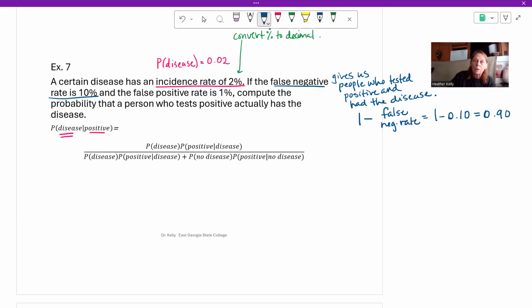So the probability, false negative, is the people who tested positive and had the disease. So this is people who tested positive that already know they have the disease. That is going to be equal to 0.90. Notice what we did here is we had to use the complement.